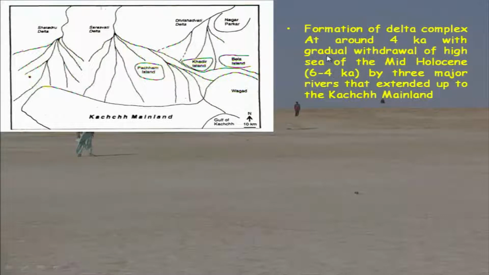This was around 4 Ka, because of the gradual withdrawal of the high sea of the mid Holocene, from 6 to 4 Ka. So three major rivers extended up to the Kutch mainland.